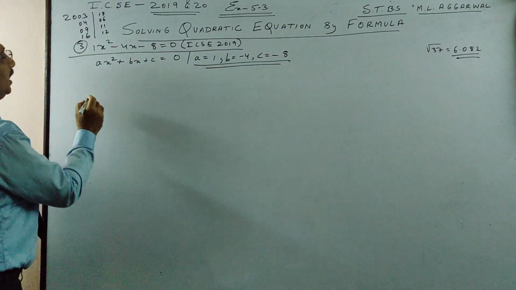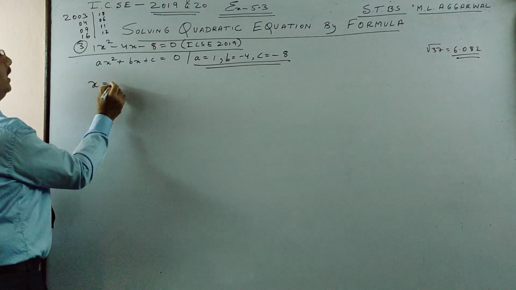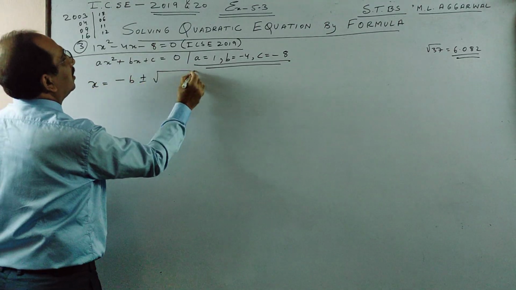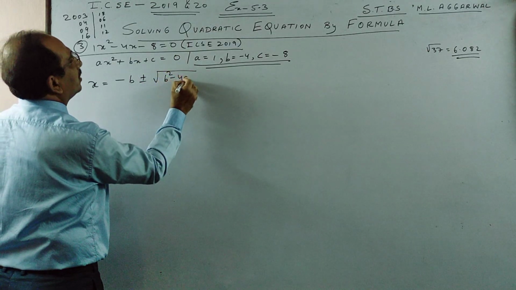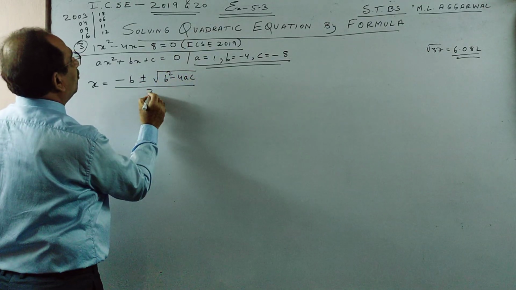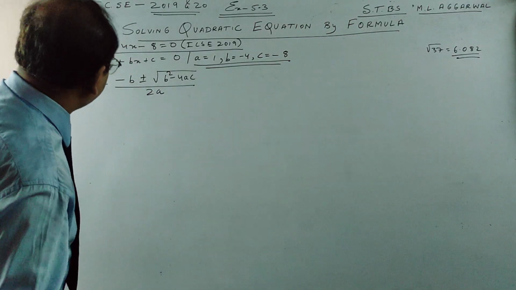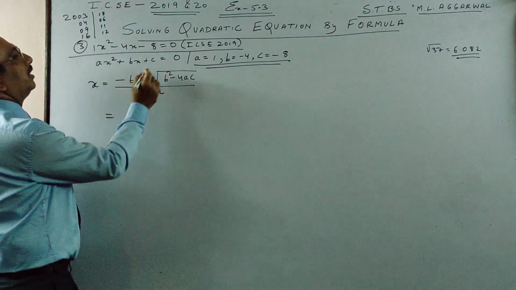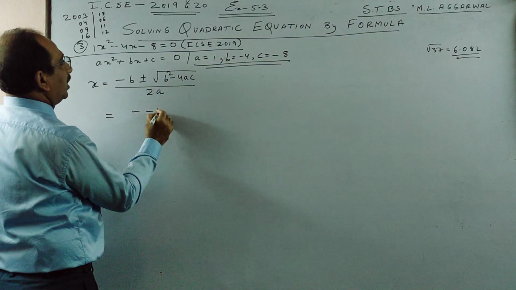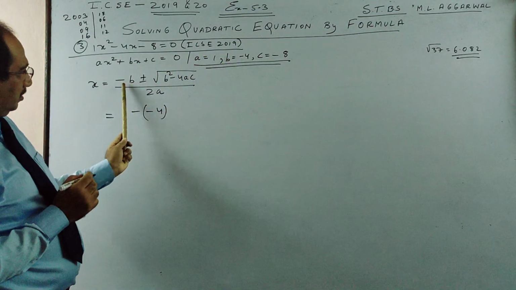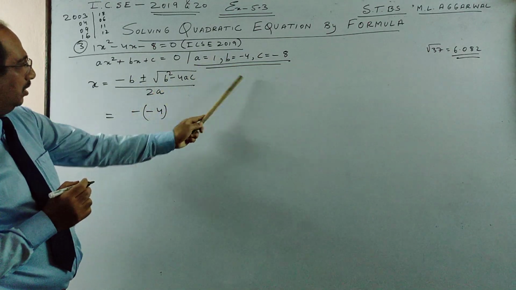So here we apply the formula x is minus b, plus minus root over b square minus 4ac, by 2a. So let us see. Let us substitute minus b, minus minus 4. Minus is there in formula b.